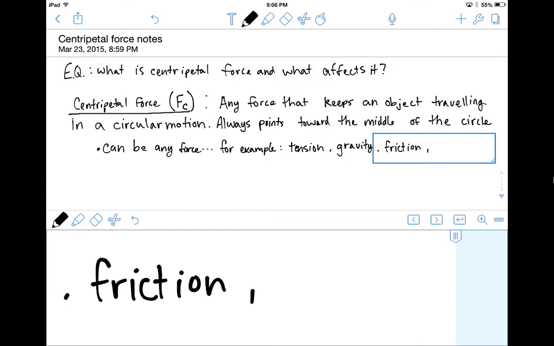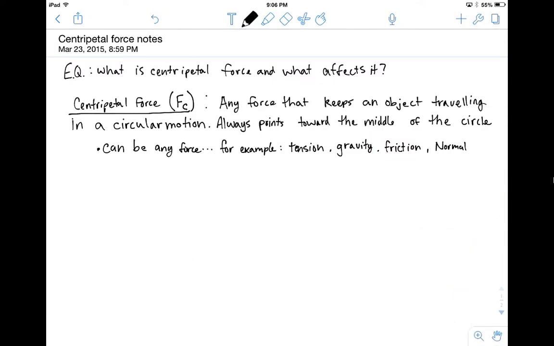Friction is a centripetal force when you turn your car. It could even be something like normal force. So I know you guys like those rides at Worlds of Fun that stick you to the wall. Well, in that case, centripetal force is the normal force of the wall pushing you towards the middle of the circle. So it could be any of these things. So that's our definition of centripetal force.